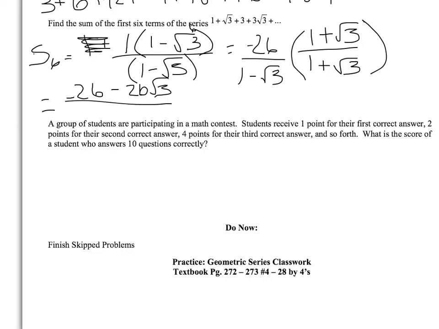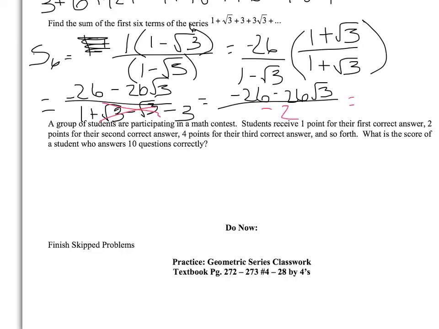In the denominator I FOIL: 1 times 1 is 1, plus radical 3 minus radical 3 minus 3. In the denominator, the radical 3's cancel, so I have 1 minus 3, which is negative 2. Negative 2 goes into 26, 13 times. So my final answer is going to be 13 plus 13 radical 3.